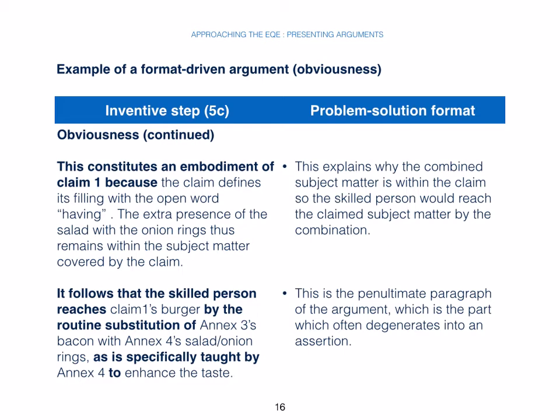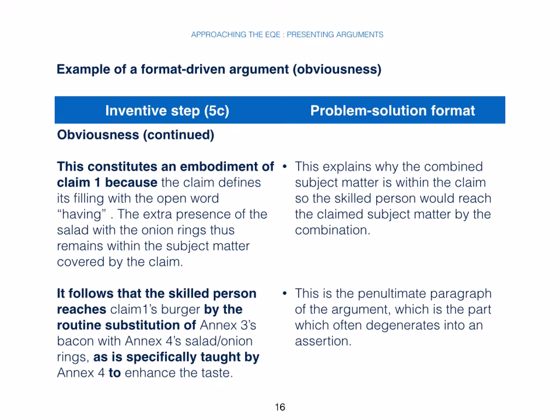Now we come to the conclusion, or the penultimate paragraph of the conclusion. It follows that the skilled person reaches Claim 1's burger by the routine substitution of Annex 3's bacon with Annex 4's salad onion rings, as is specifically taught by Annex 4 to enhance the taste.